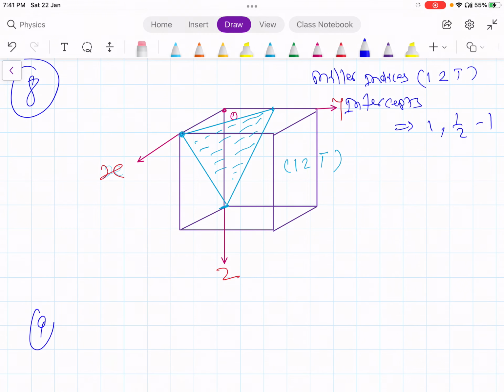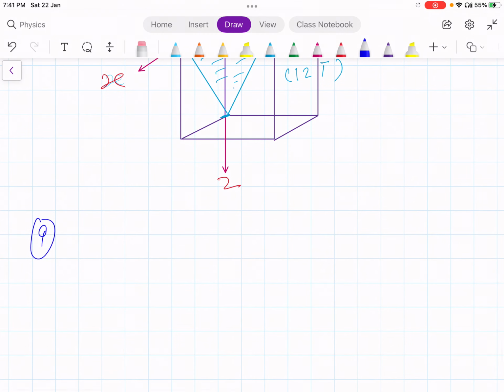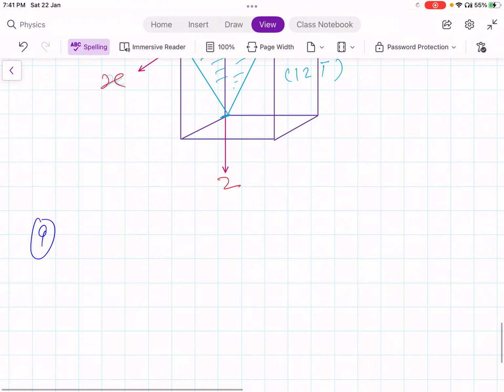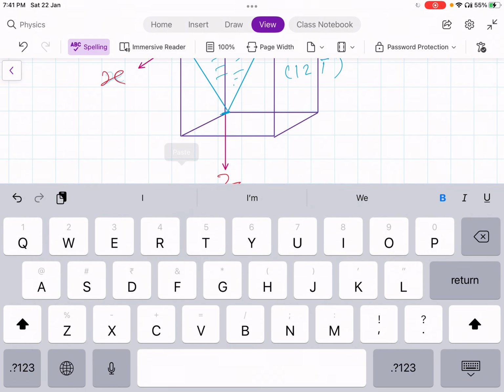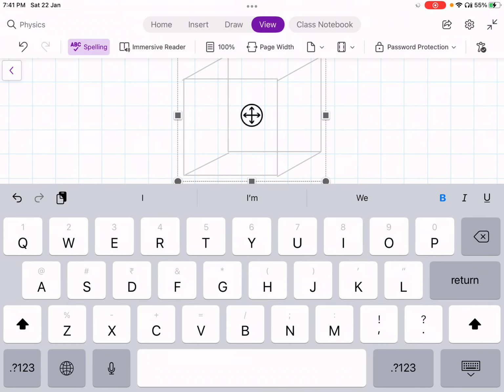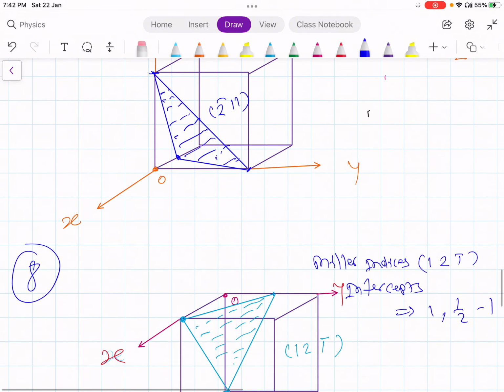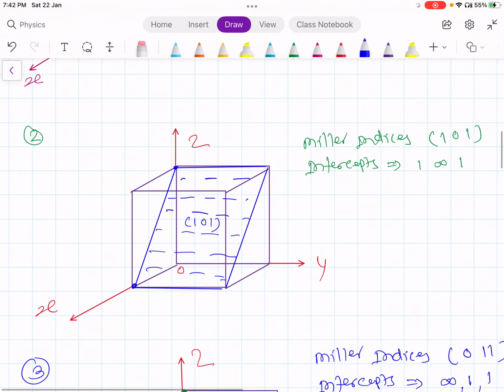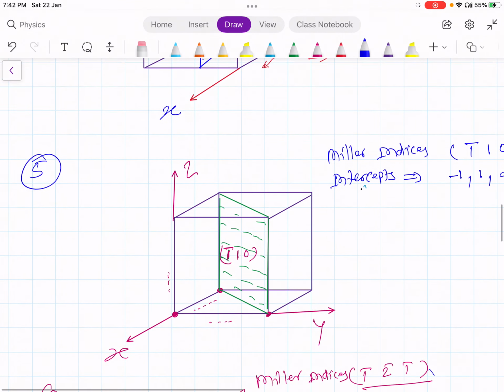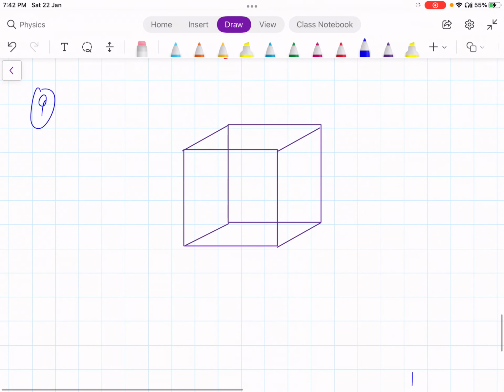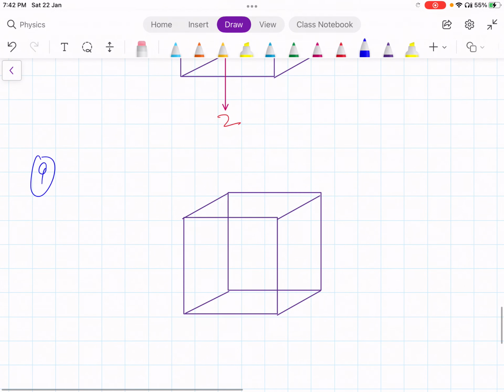Ninth one, ninth is bar 1, 1, 2 bar. This is Miller indices.